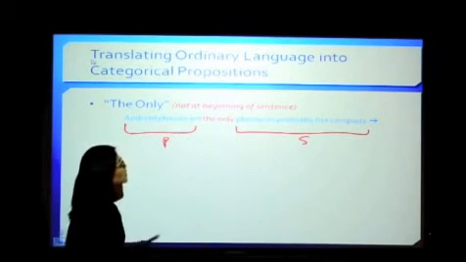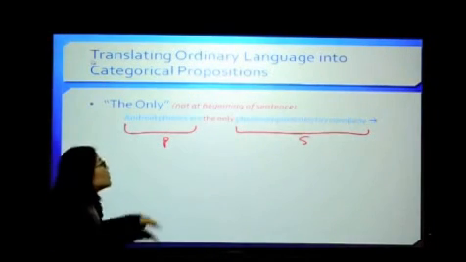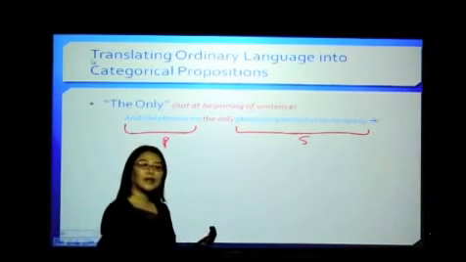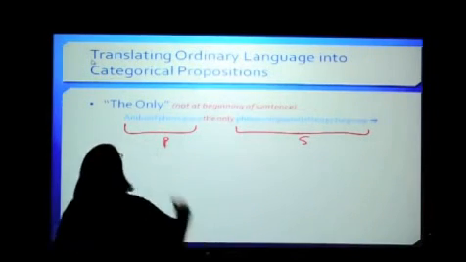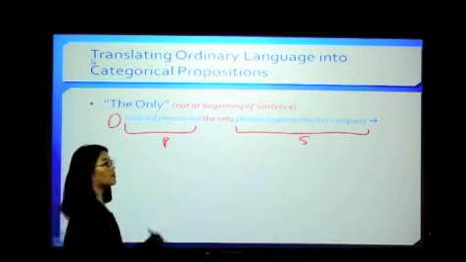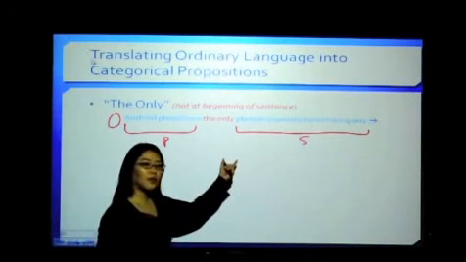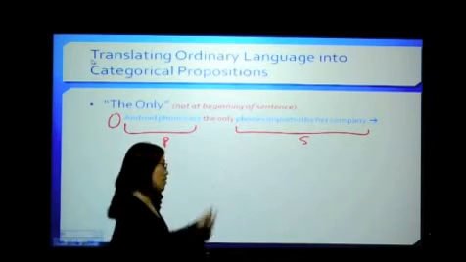Given this, what we want to do is add the quantifier, which doesn't exist in this statement, and the copula. Notice that there's no standard copula being used, like are or are not.